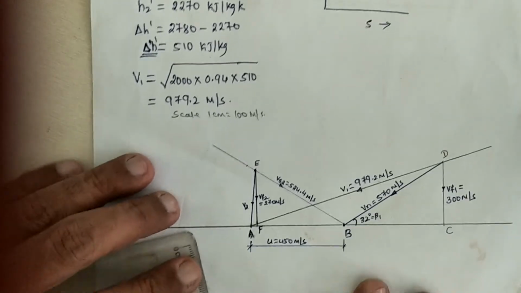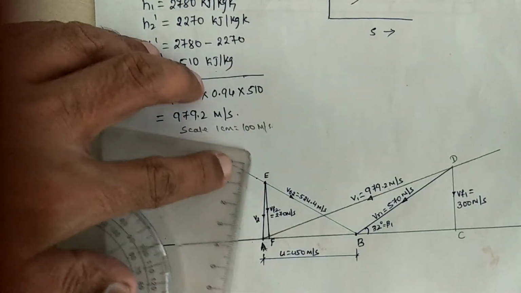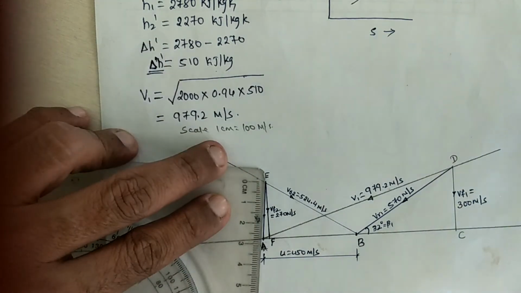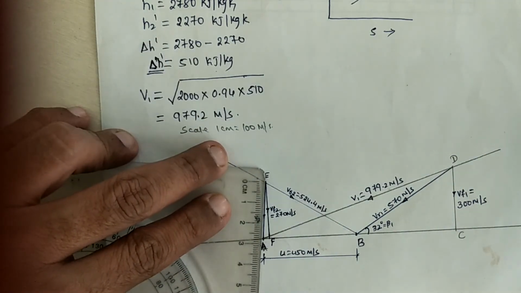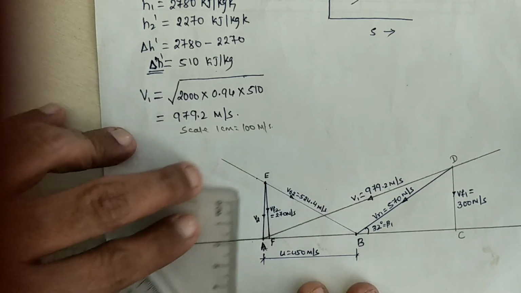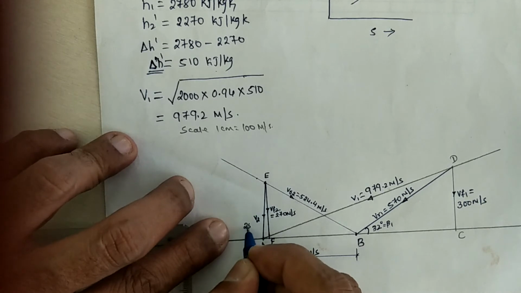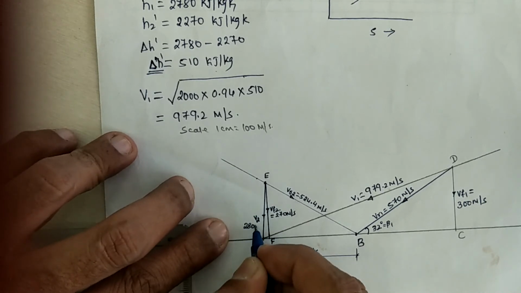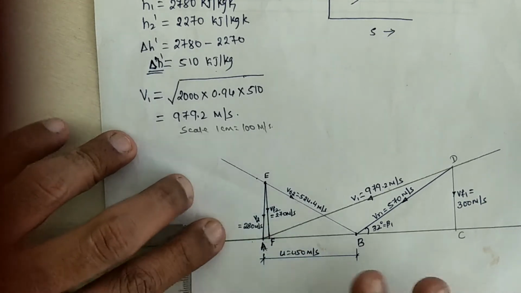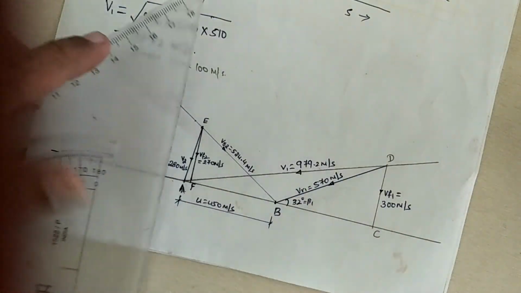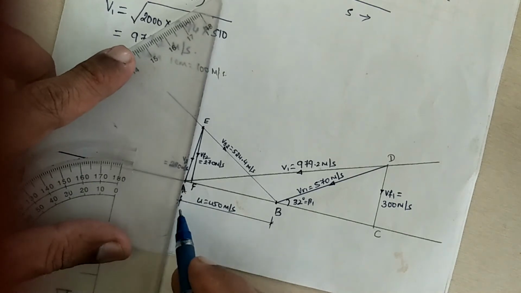Then V2 is almost 2.8 centimeters, multiplied by scale, 280 meters per second. And I need to calculate the values of VU1 and VU2.